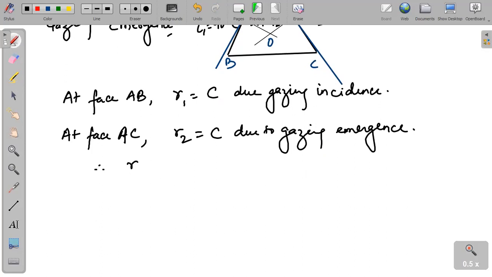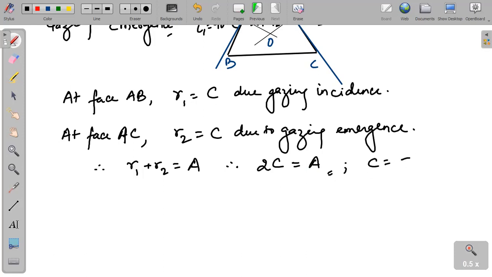Therefore, as we know that R1 plus R2 is equal to A, and R1 and R2 are both C, therefore 2C will be equal to A. And what is the value of C?